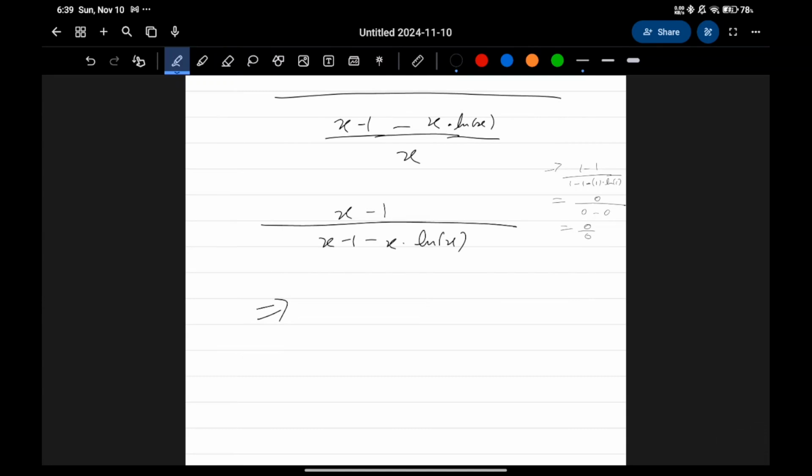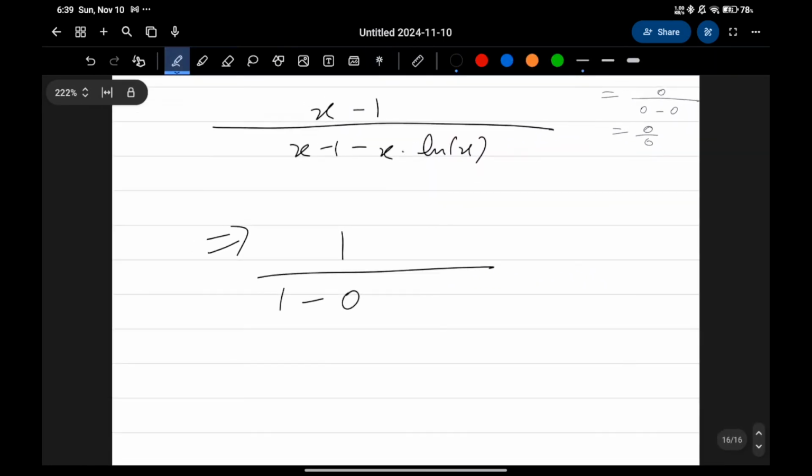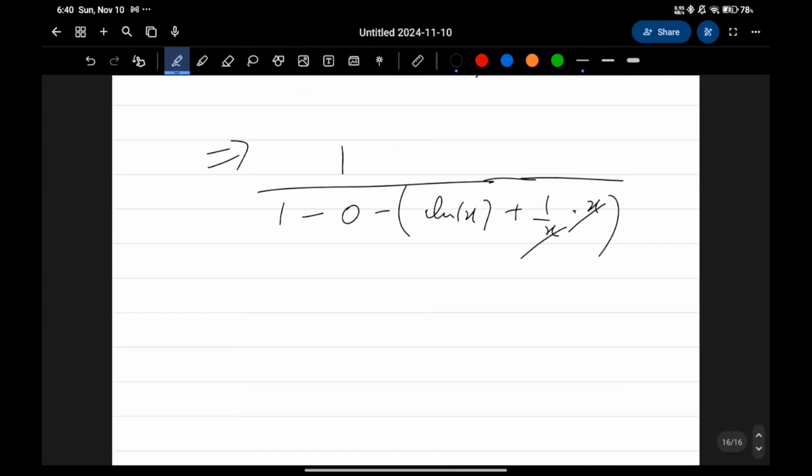So for x minus 1, the derivative of that is just 1, and on the bottom the derivative of x is 1 minus 0, and we have to use the product rule again over here, which is basically the derivative of the first one, log of x, plus the derivative of the second one and leave the first one alone, 1 over x times x, which is just log of x plus 1. 1 minus 0 minus log of x plus 1.